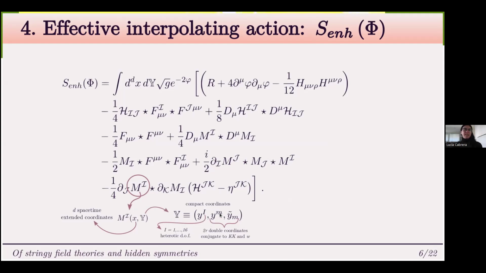So this y^m will be the usual compact coordinates, which are conjugate to Kaluza-Klein momenta. And these y tildes will be conjugate to winding numbers. So we actually see that the Lagrangian that we get, since we're integrating over compact coordinates, will be d-dimensional. And we're actually introducing here the non-commutative product, denoted by this little star.